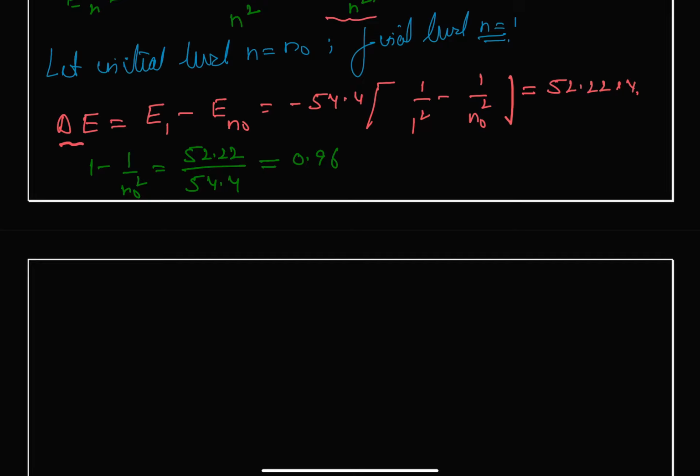So from here we get our 1 upon n naught square is equal to 1 minus 0.96, which comes in as 0.04.